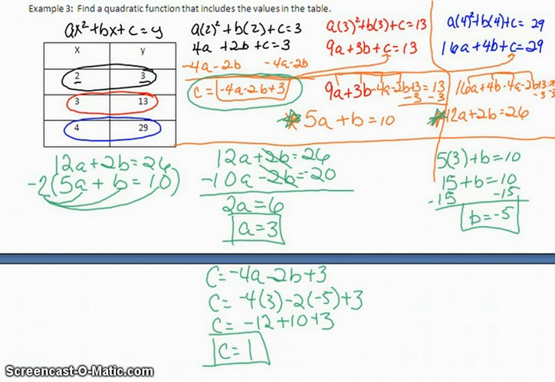Now that I know A, B, and C, I can substitute them back into the standard form and generate the equation. 3 in for A, -5 in for B, 1 in for C. So we'll have 3x. Sorry about that. Let me get an eraser here.